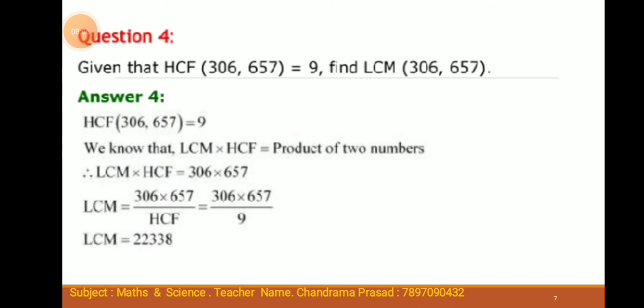Now, LCM equals the product of two numbers divided by HCF. Therefore, LCM equals 306 into 657 divided by 9. On solving, LCM equals 22,338. This is the answer.